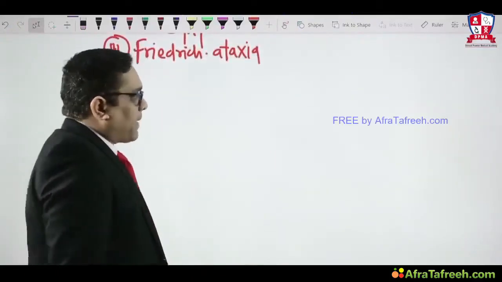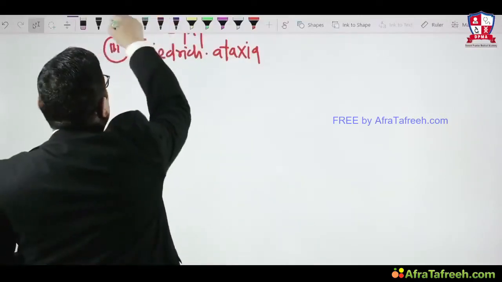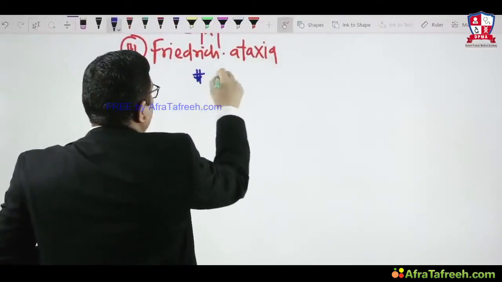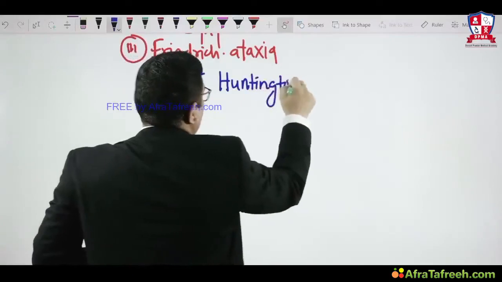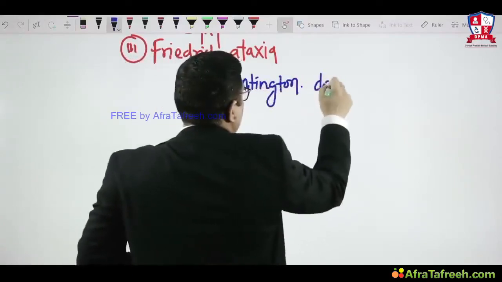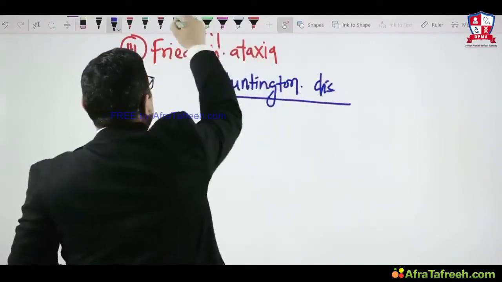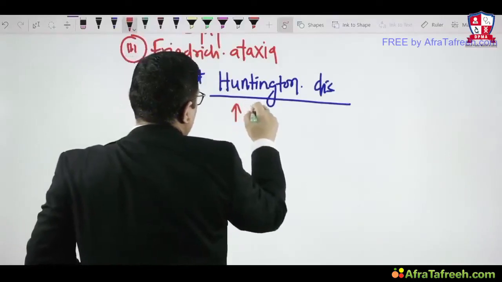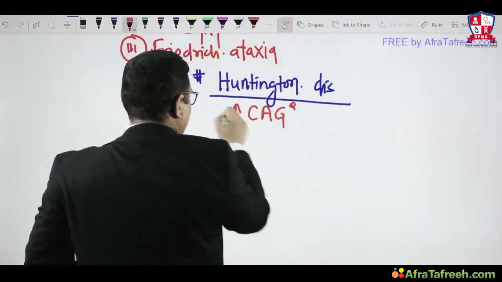So here I would like to give you one example for your understanding, and that example is Huntington's disease. Huntington's disease is because of increased trinucleotide repeat in CAG trinucleotide. This is one important MCQ.